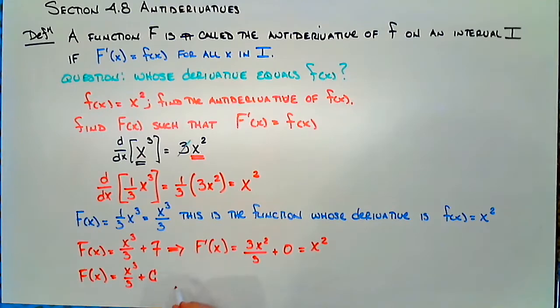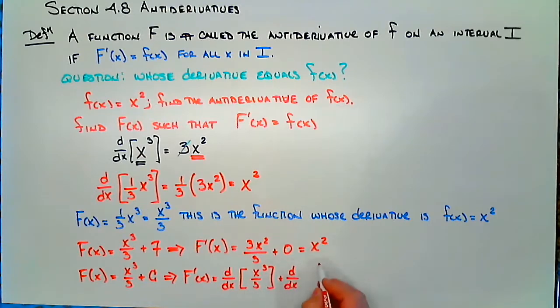Because if I were to take the derivative of this, we'll go ahead and write all the steps out. The derivative, f prime of x, is going to be the derivative of x cubed over 3 plus the derivative of our constant. And what is that going to equal? That's going to equal 3x squared over 3 plus 0, the derivative of a constant, and that's going to give us x squared.